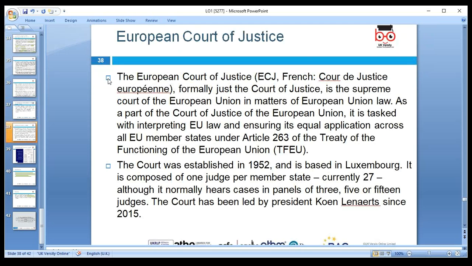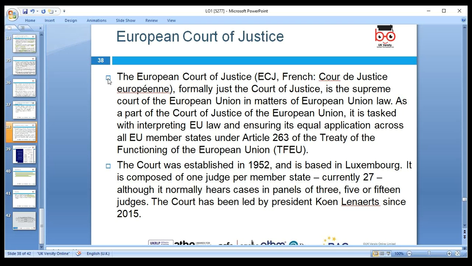All 47 member states of the Council of Europe, including the UK, have signed the Convention for the Protection of Human Rights. The European Court of Justice, ECJ, formally the Court of Justice, is the Supreme Court of the European Union in matters of EU law. As part of the Court of Justice of the European Union, its task is the interpretation of EU laws and ensuring equal application across EU members, under the Treaty on the Functioning of the European Union, TFEU.